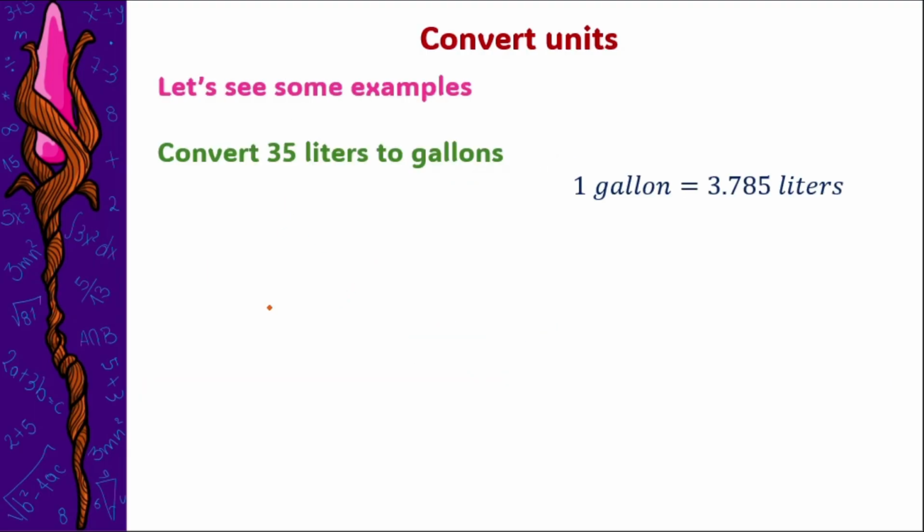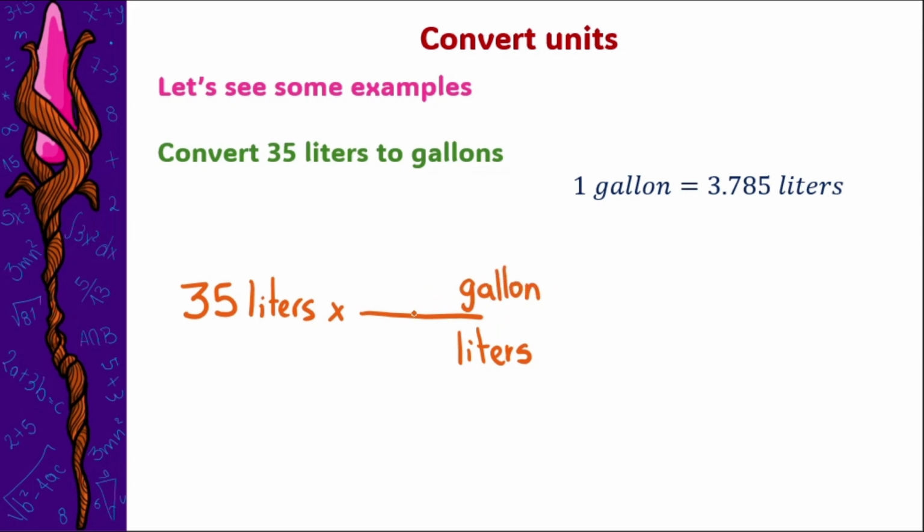Let's see some examples. In this one, we need to convert 35 liters to gallons, and we have this equivalence here. Again, remember at the bottom, you should write the same unit you have, so you are going to be able to cancel them out. And at the top, the one that you want to find, in this case, gallons.